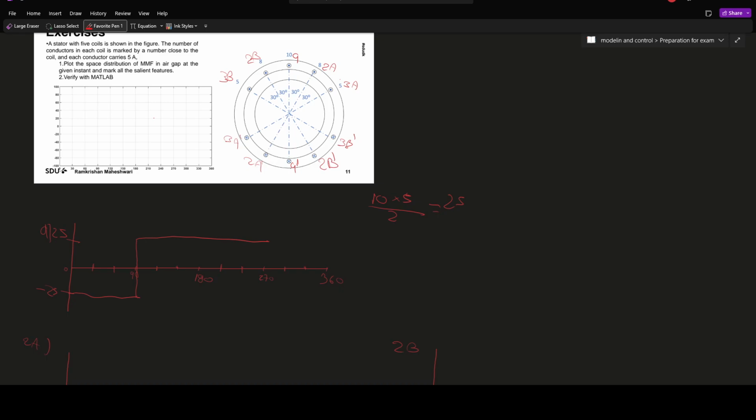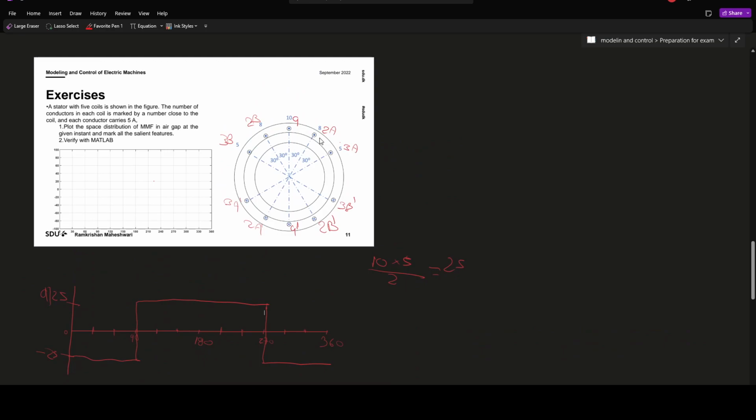And then from 270 to 360, we follow again that it is going out of the rotor, so we are gonna say that it is negative. Okay. And now we are gonna go with 2A.